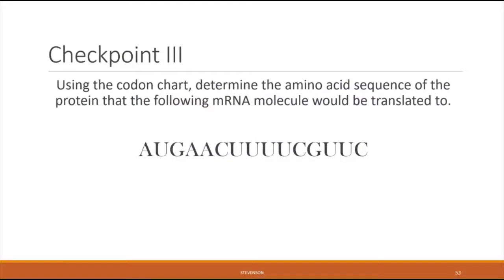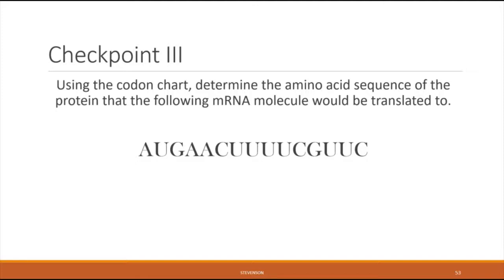So in this checkpoint here, I want you to get a little practice using the codon table by taking the sequence of letters that I have laid out for you here and pretending that this is a messenger RNA molecule that is coming out of the nucleus and ready to be translated. I want you to use the codon table to translate it and tell me the sequence of amino acids that will be made if this is the recipe for the protein.